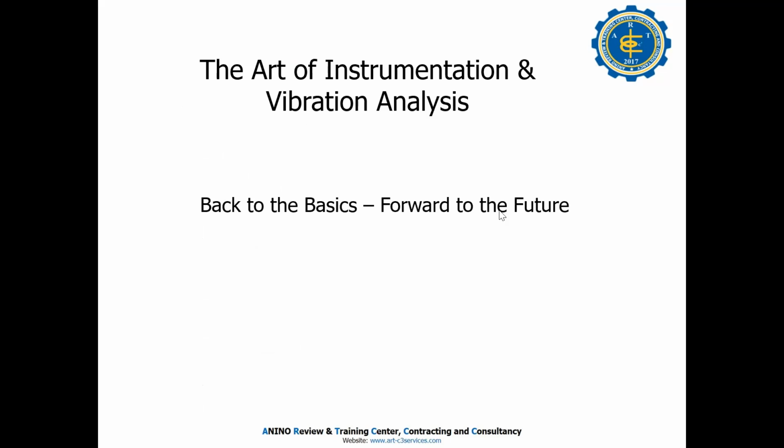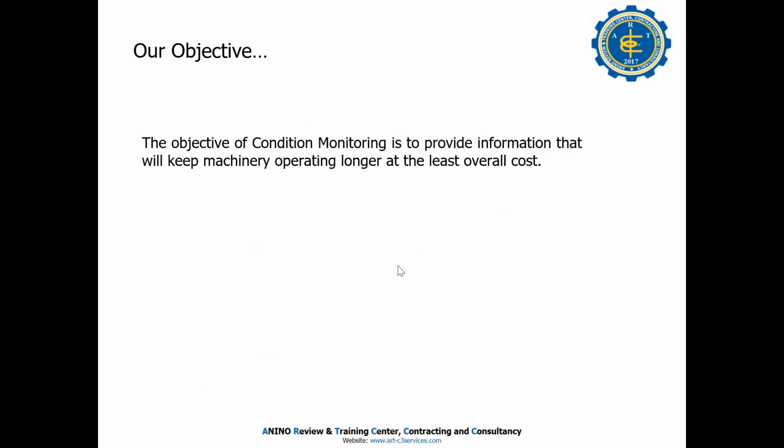Okay, the art of instrumentation and vibration analysis. So back to basics, forward to the future. The objective of condition monitoring is to provide information that will keep machinery operating longer and at less overall cost.